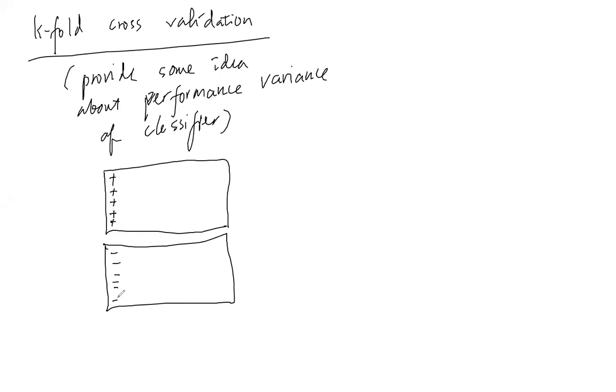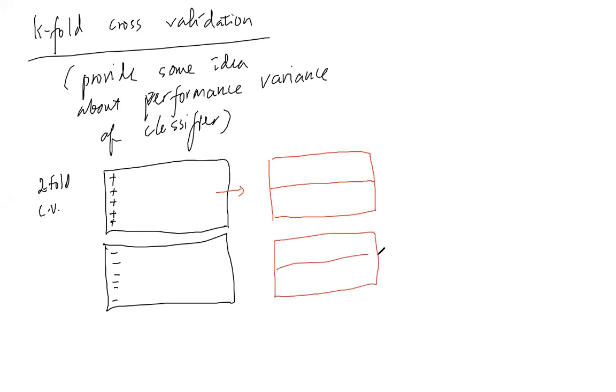Let's say you do a twofold cross-validation. A twofold cross-validation basically means you randomly partition your data here into 2 layers.